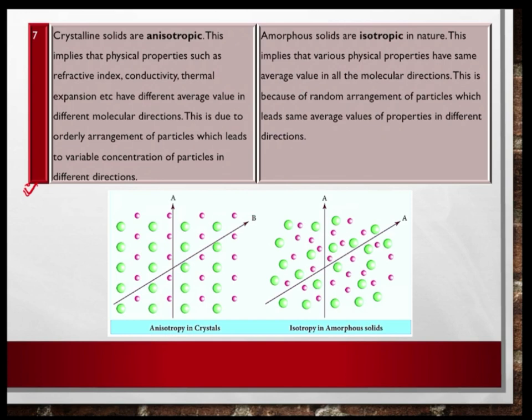Now, understand this. Around us, we saw that out of 118 elements, there are almost 100 elements which are actually solids in nature. And those solids are classified into two portions, that is crystalline solids and amorphous solids.